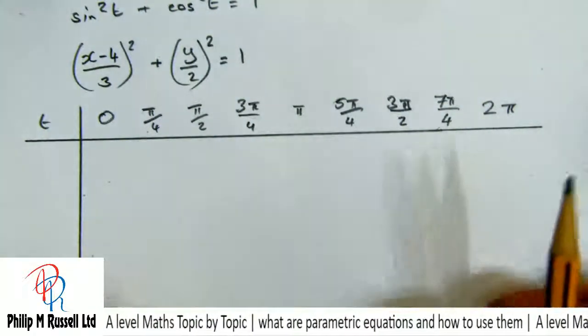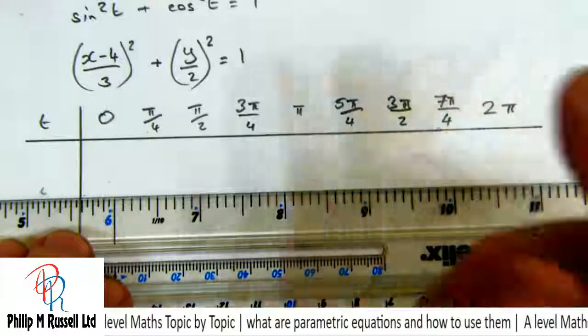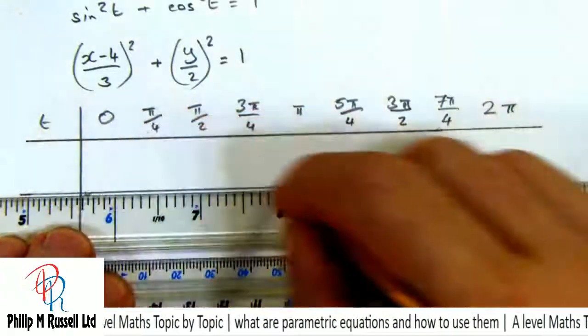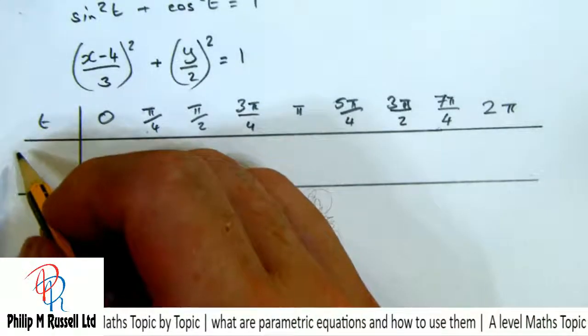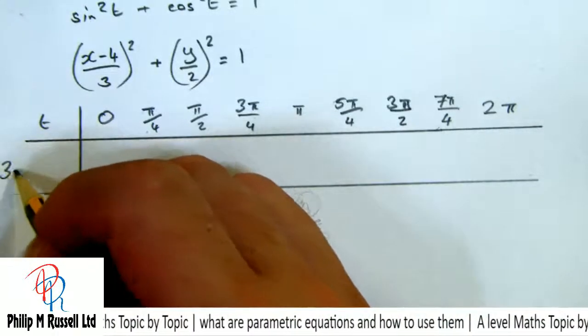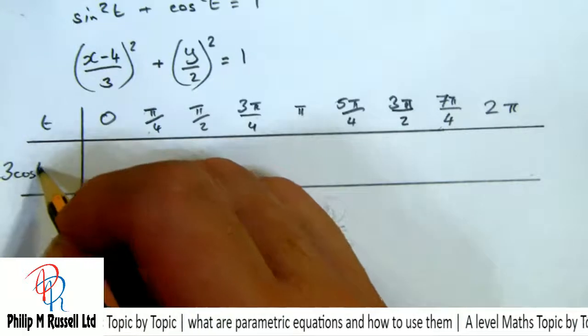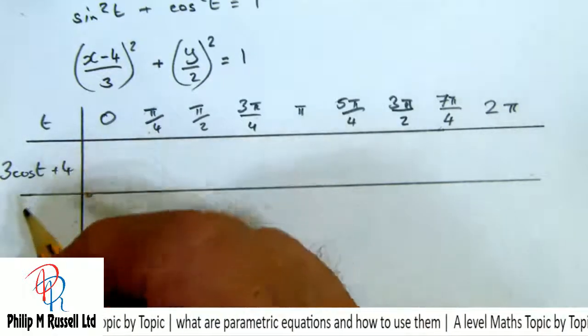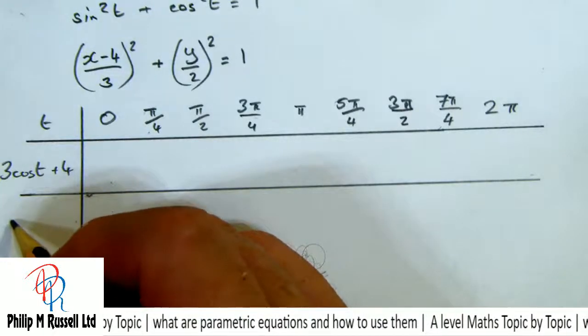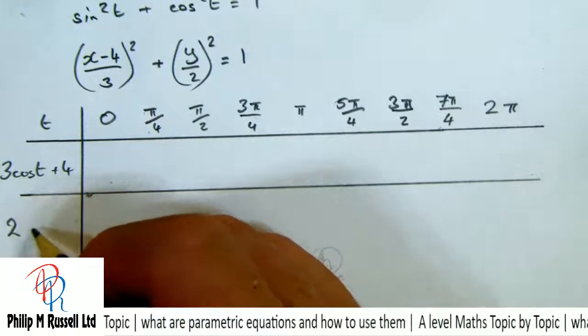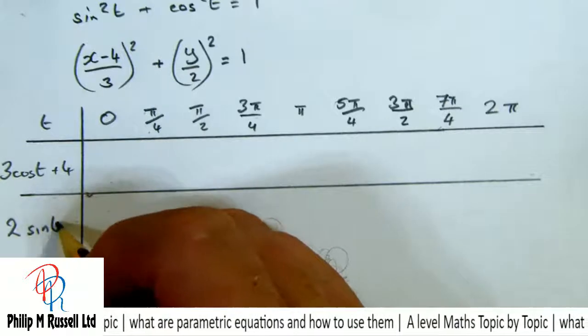And what we could do is work out each of these values for both x, and we know that x is 3 cos t plus 4, and we can do our y value, which is 2 sine t.